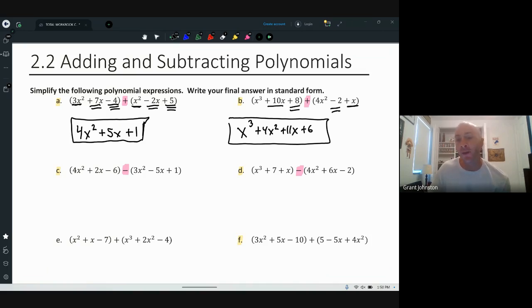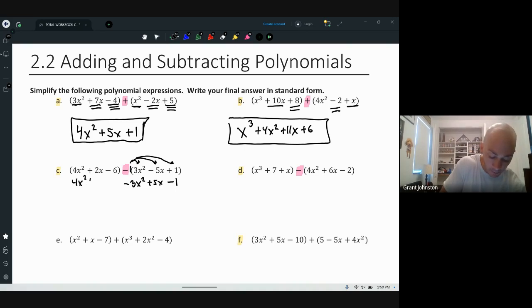Since it says subtraction, I'm going to change the signs of everything in the second parentheses. A lot of people like to put a -1 and distribute it to everything in here since we're subtracting that one. That's going to change to a negative 3x squared, then a positive 5x and then a -1. So it just flipped the signs of everything in there. And I'm going to rewrite this expression.